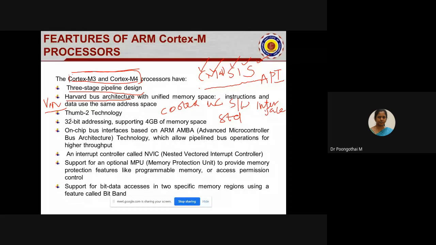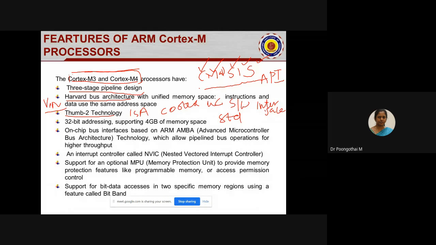And the third one is about the instruction set. It follows Thumb-2 technology. The instruction set architecture in the Cortex M processor is called Thumb-2 technology, that is Thumb ISA, instruction set architecture.